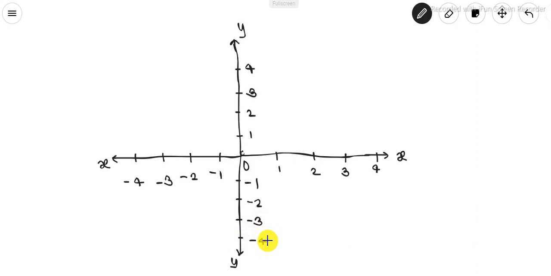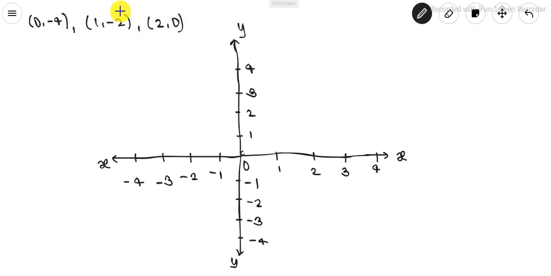Now we write the coordinates at one corner. The first coordinate is 0, minus 4. The second coordinate is 1, minus 2, and the third coordinate is 2, 0.